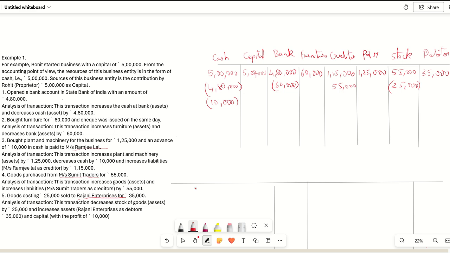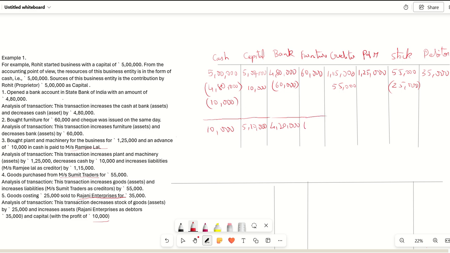Here there is a 10,000 profit, so profit will be added to the capital. Now if you total, cash will come up to 10,000. Capital is 5,10,000, and bank is 4,20,000.